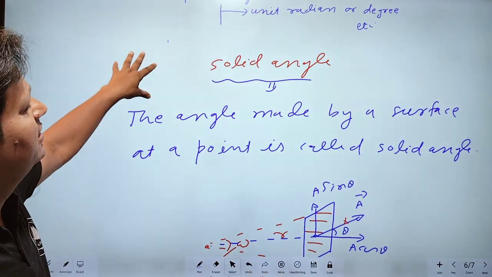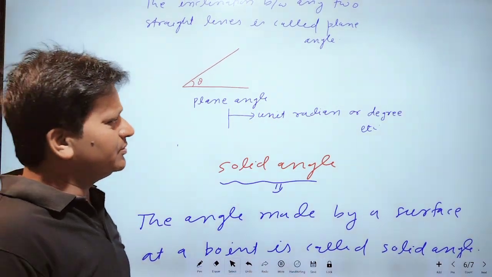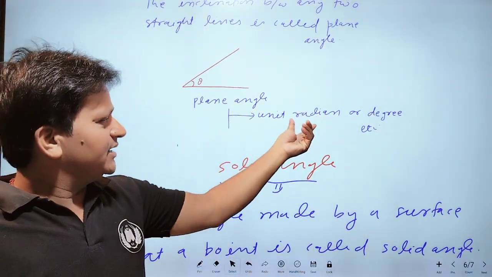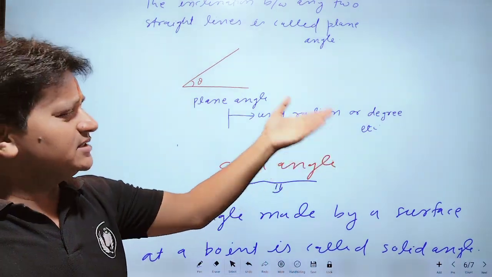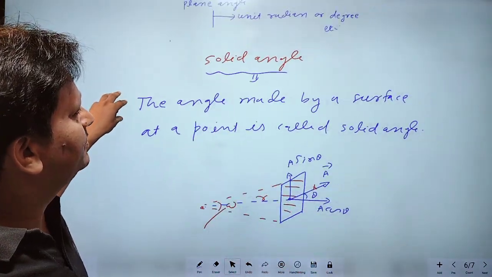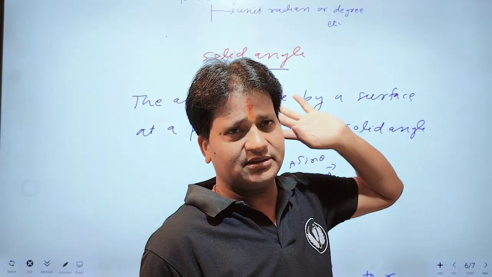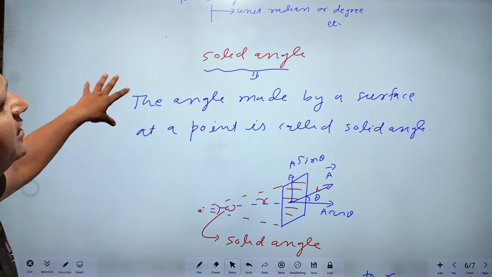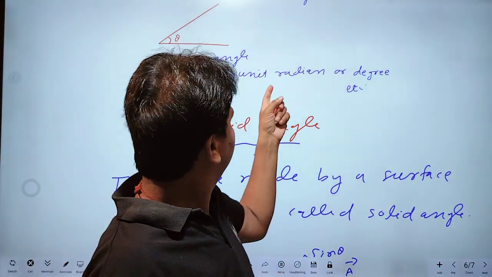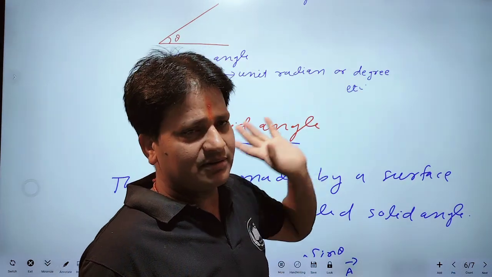What is solid angle? And the unit of plane angle is radian or degree. You have already studied in previous classes. The unit of plane angle is radian or degree etc. Grade is also a unit of plane angle, so I can write etc. Mainly the unit of plane angle is radian or degree.